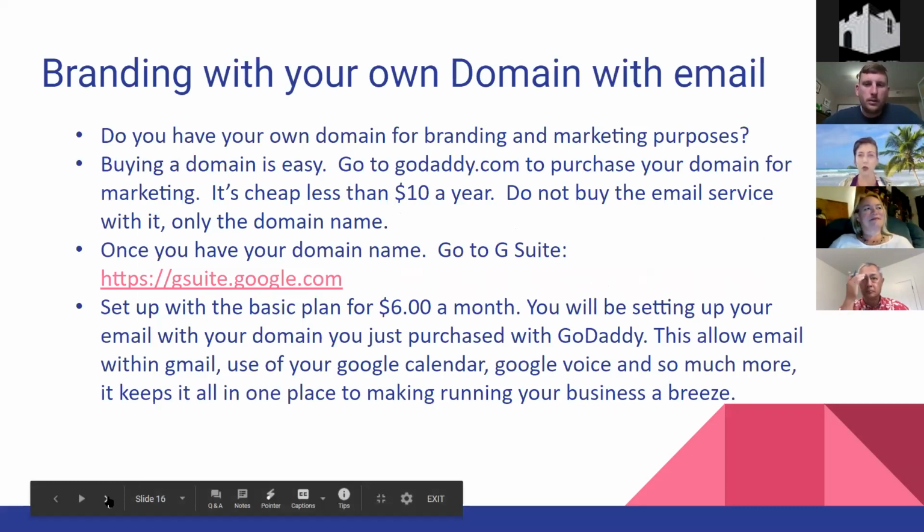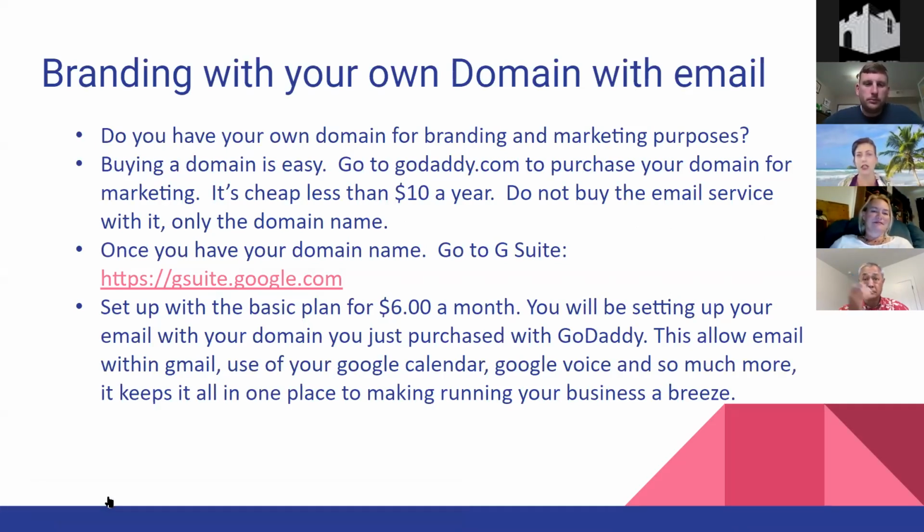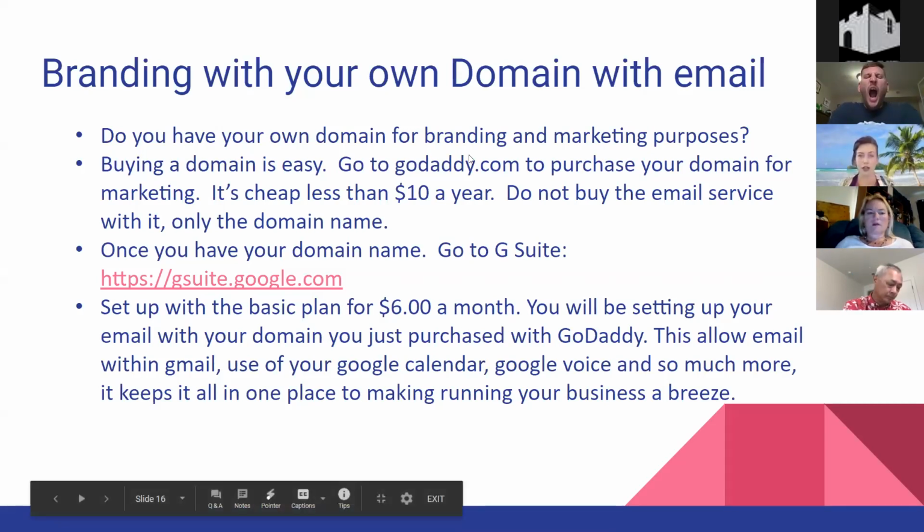One thing I do recommend is that you brand yourself with your own domain email. It looks a lot more professional when you can have something like Shantell at whatever realestate.com. It's really easy. You can go on and purchase a domain name. It's like 10 to 15 bucks a year. Do not buy the email service with your domain name. You want to set it up under G Suite.